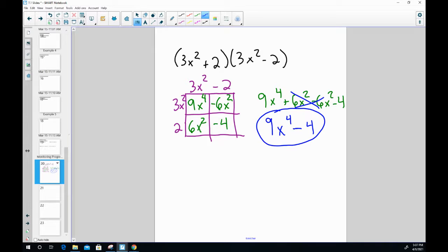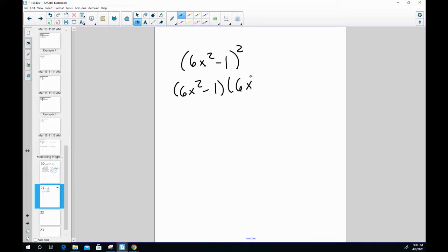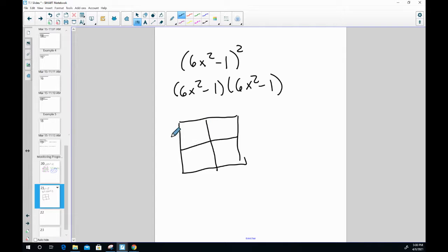Now, this is not going to happen all the time. Don't assume that that's going to happen for every problem. Here's an example of one where that's not going to happen, and here's why. Again, multiplication. The squared indicates that there are 2 of these. I'm going to go through the process, and I'm not really going to talk too much about it other than to say that, again, these look very, very similar.